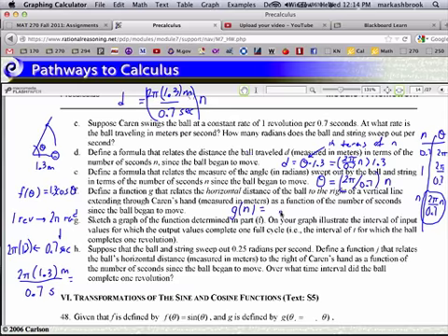Okay, so g of n. We want the horizontal distance to the right. Which function is that? That's our cosine. Do we want meters or radius lengths? Meters. So if we want meters, what will we do to the cosine function to get meters to the right? Multiply by the 1.3.